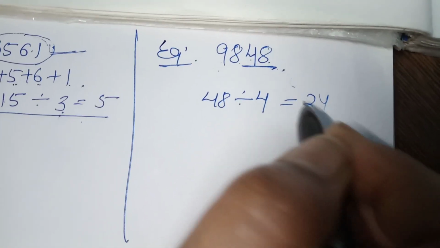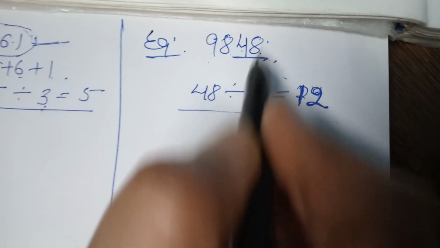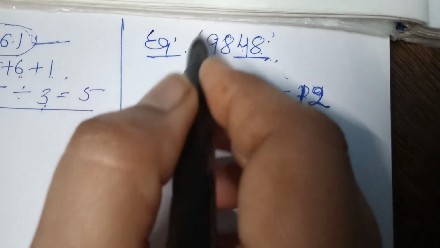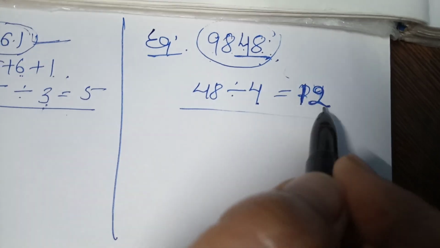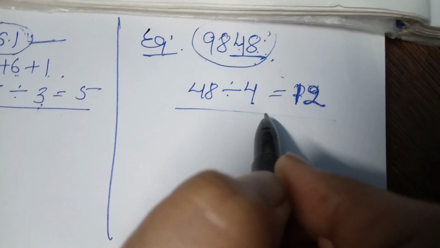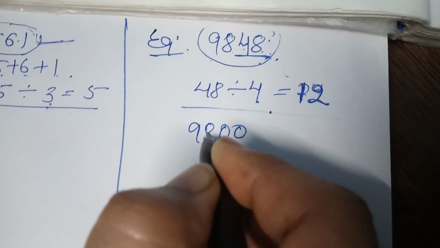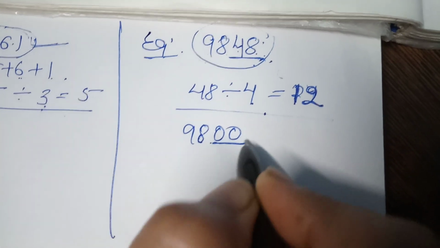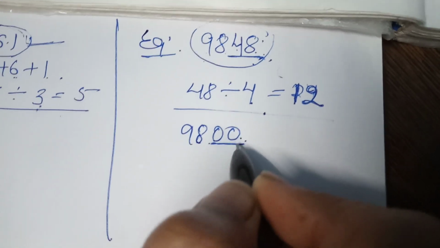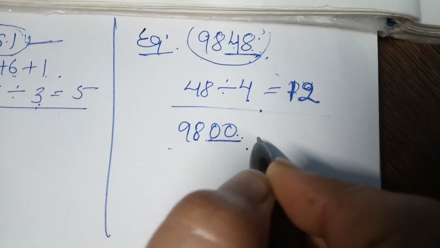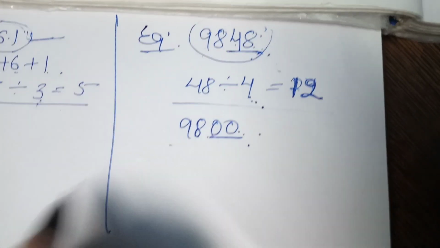So the whole number is also divisible by 4. And one more thing, if the last two digits are double zero, then also that number is always divisible by 4.